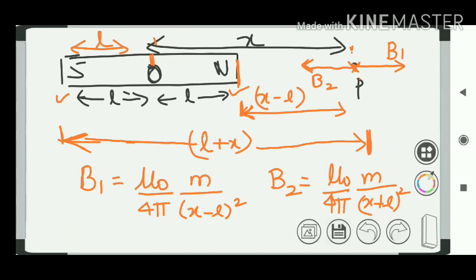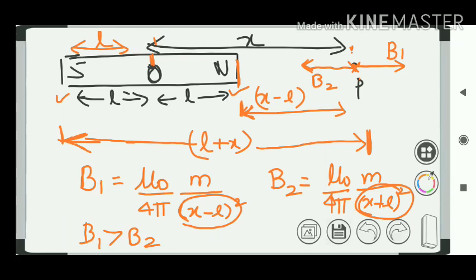And the net magnetic field, see, out of this, which is bigger? See, B1 is having the denominator minus quantity, whereas B2 is having a denominator plus quantity. So as the denominator increases, the quantity decreases. So B1 is greater than B2 because B1 has the least denominator.